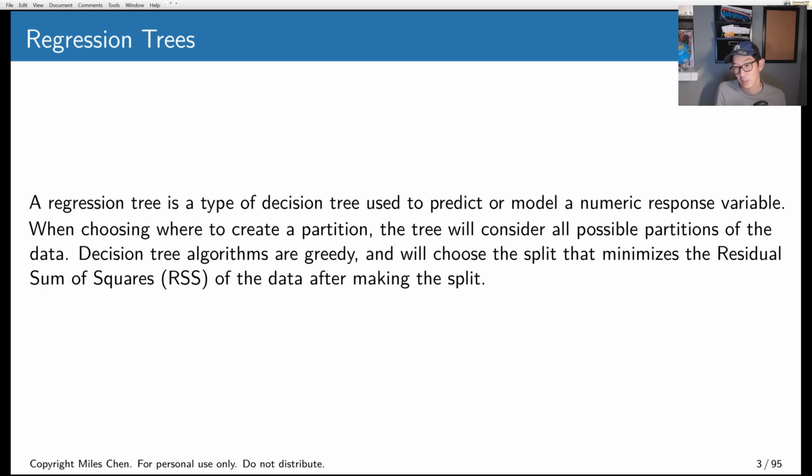The tree evaluates every single possible split by looking at the residual sum of squares after making the split, and it chooses whichever split minimizes the resulting residual sum of squares.